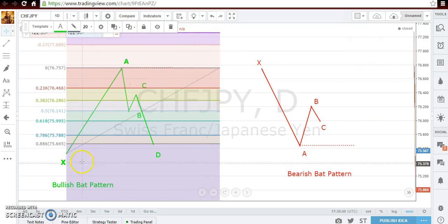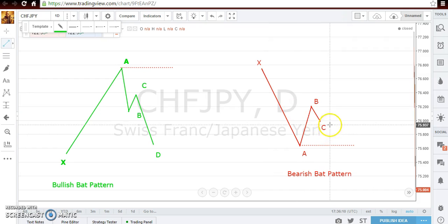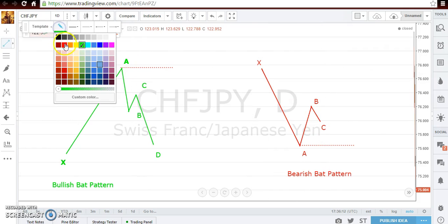The Fibonacci from the X to A leg at the start, used to get the A to B retracement, is the same Fibonacci retracement that we use to get the entry point, which is known as the C to D leg. And the entry point for a bat pattern, like I said, must come into the 886 retracement. So let me go ahead and do the same thing on the bearish bat pattern.